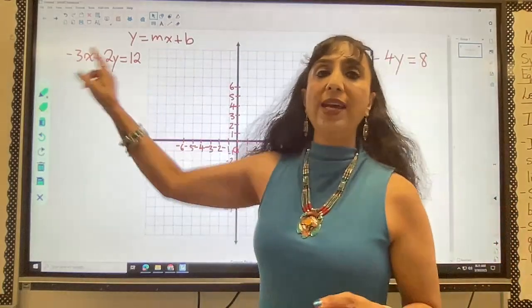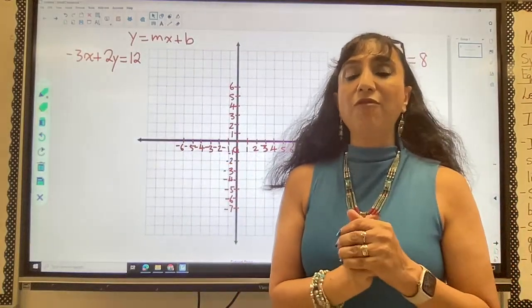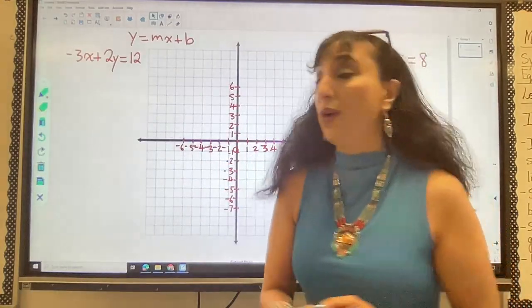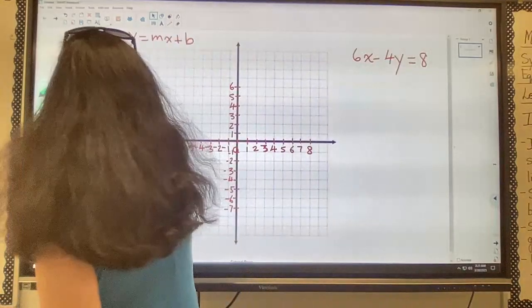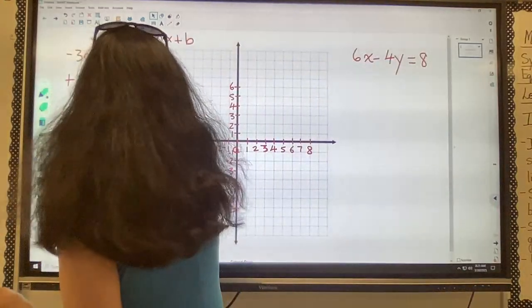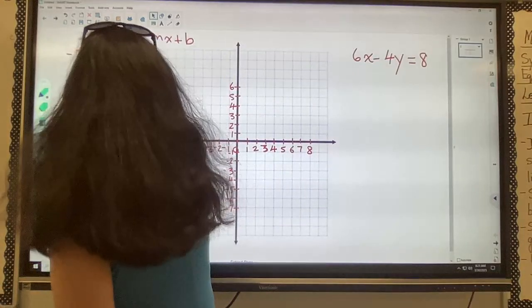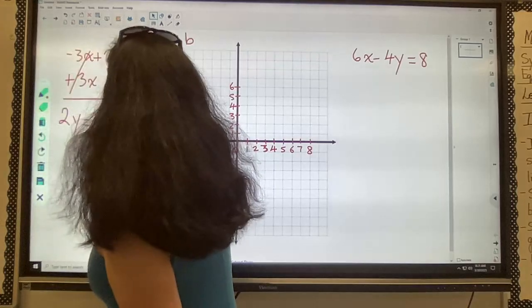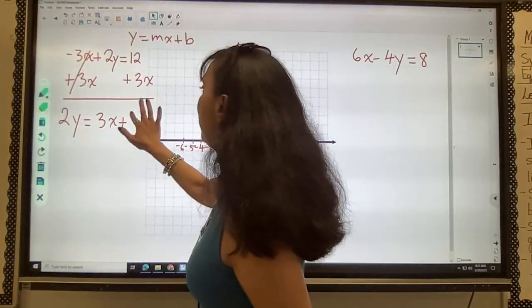In the first one, I have got to add 3x to both sides of the equation, so plus 3x, plus 3x, and I am left with 2y is equal to 3x plus 12.